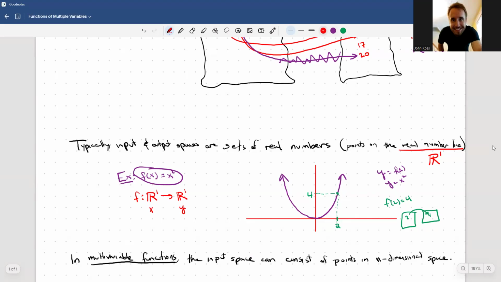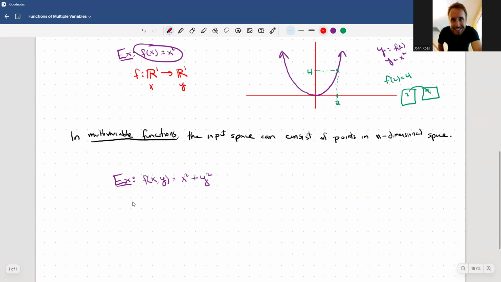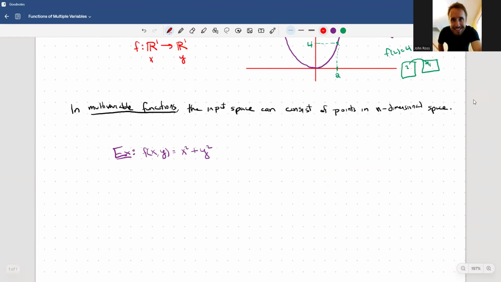So in multivariable functions, the input space can consist of points in n-dimensional space. Well, schematically, what that might look like is n-dimensional space. I'm going to write that as Rn, like this.